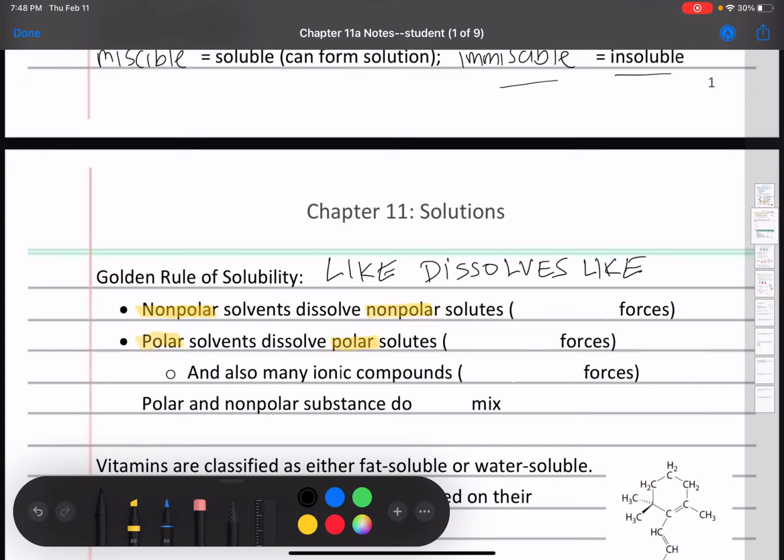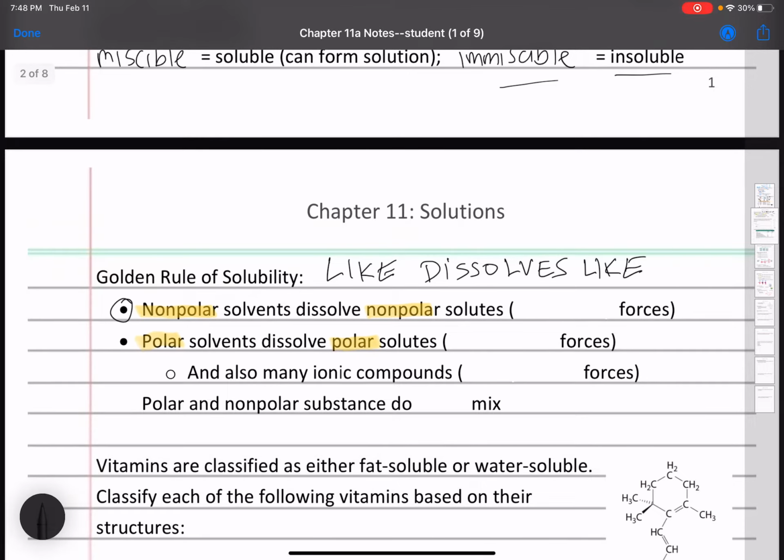That's because nonpolar substances, the only attractive force they have are the London dispersion forces. Sometimes they're called dispersion forces, sometimes they're called London forces. Either way, London dispersion forces are what hold our nonpolar substances together. It's the only attractive force they have.